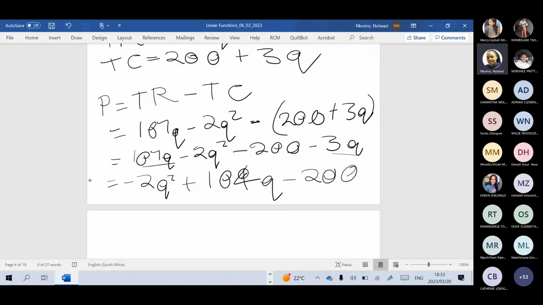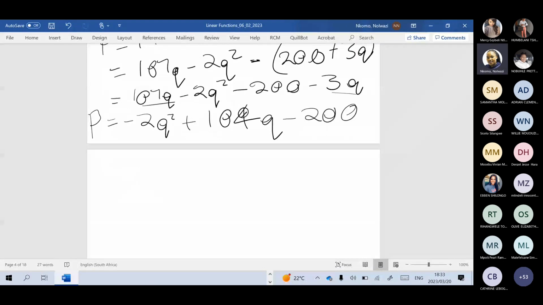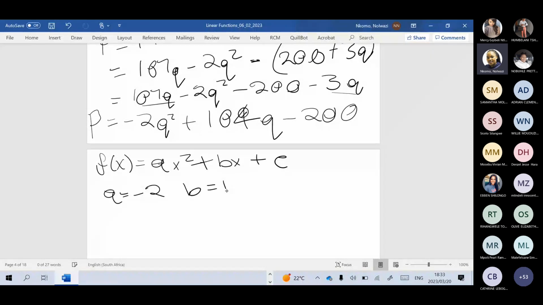To find the maximum profit, we need to find the turning point of the profit, the minimum or maximum turning point. If we compare this to the standard quadratic ax squared plus bx plus c, we can tell that a is equal to minus 2, b is equal to 104, and c is equal to minus 200.